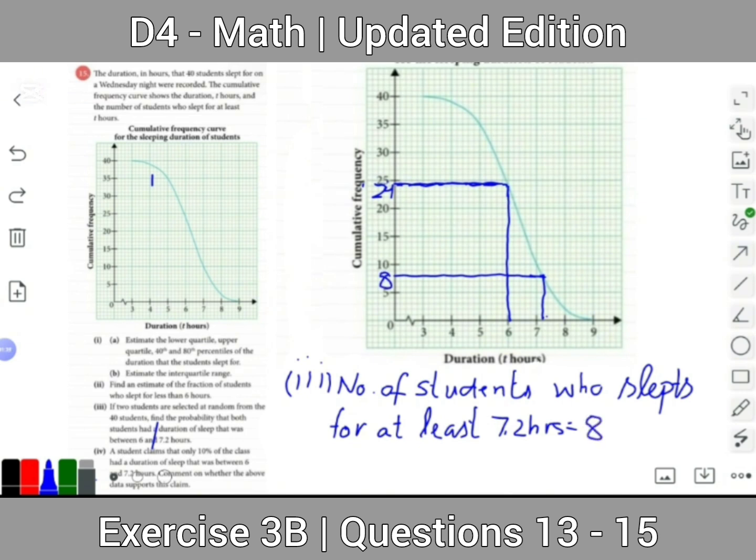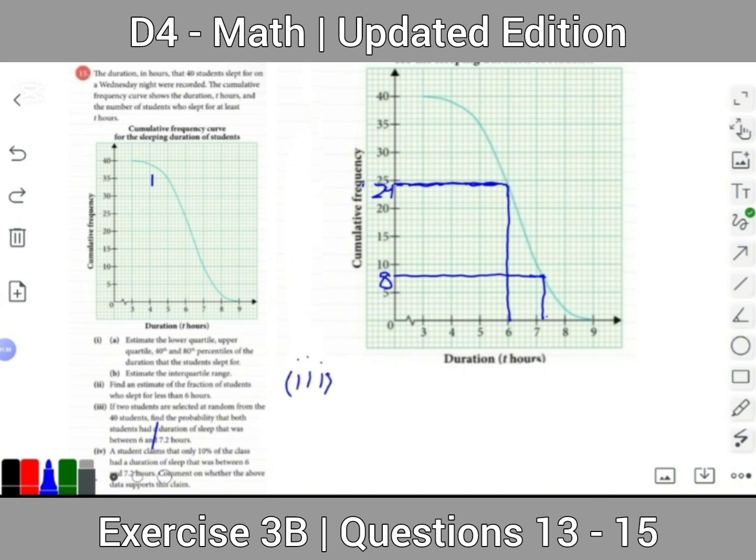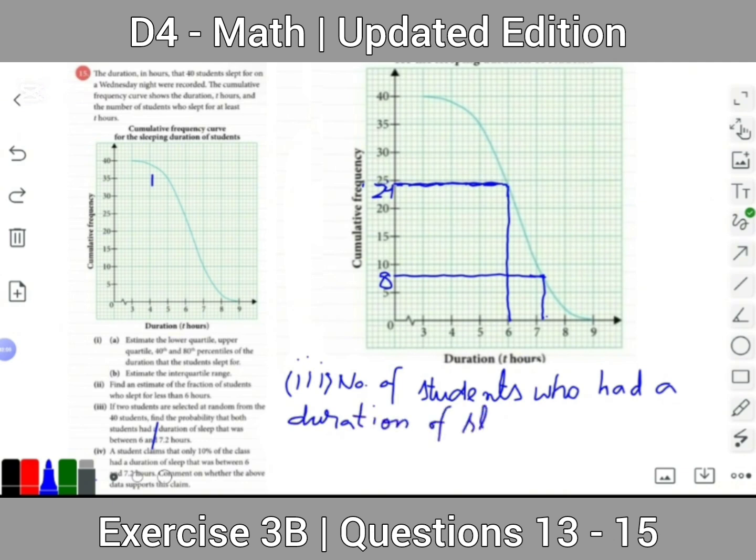But we have to find the number of students who had a duration of sleep that was between 6 and 7.2 hours, and that will be equal to 24 minus 8, and it will give us 16.